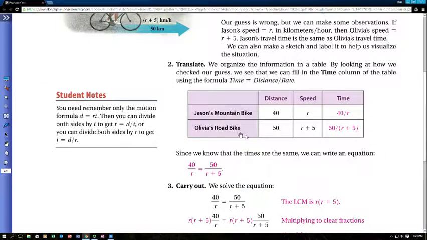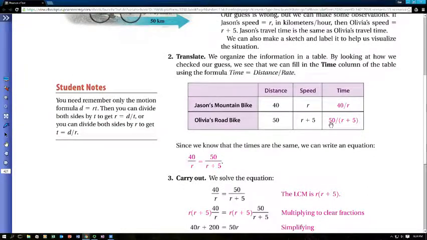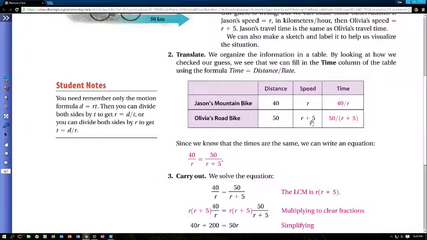Olivia's road bike, she went 50 kilometers, and this represents her rate, which is 5 kilometers per hour faster than Jason's. So what would be her time? Her time would be that 50 kilometers divided by Olivia's rate, which is r plus 5.